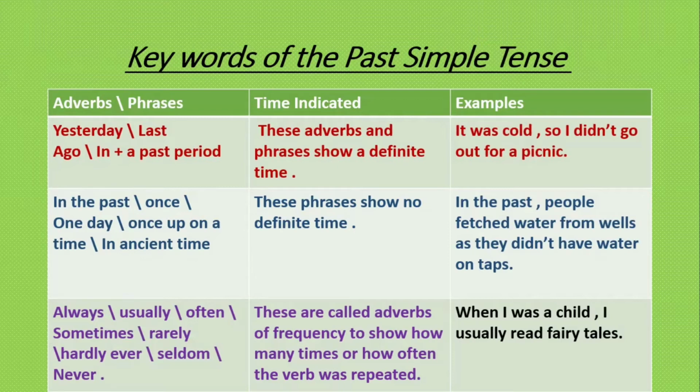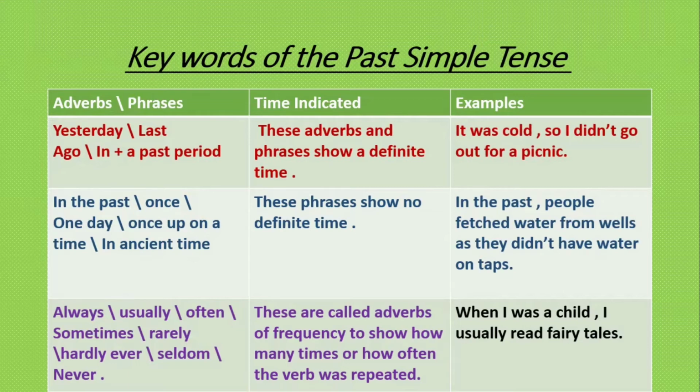Like when I was a child, I usually read fairy tales. This means that was my habit in the past. Now I'm no longer a child. I'm grown up now, and I do not read fairy tales. I read other books or other tales, not fairy tales exactly.